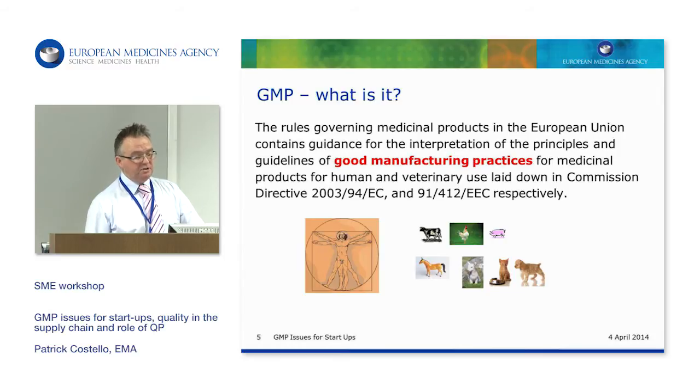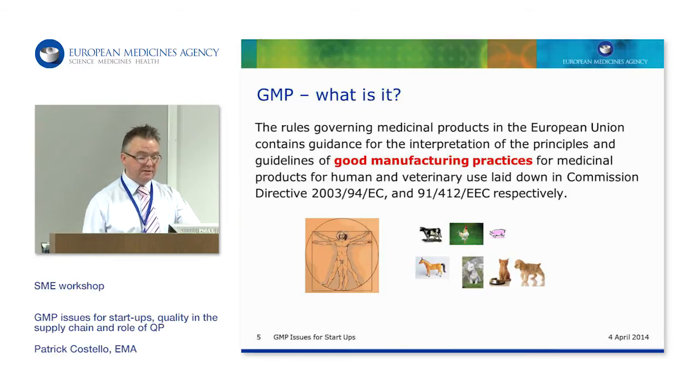And then to compound the issue, we have two specific directives in relation to manufacturing. These are Directive 2003/94, which is for human medicines, and 91/412 for medicines for veterinary usage.